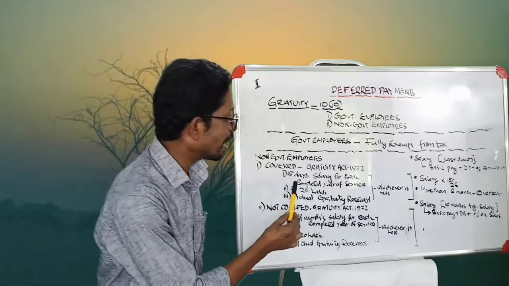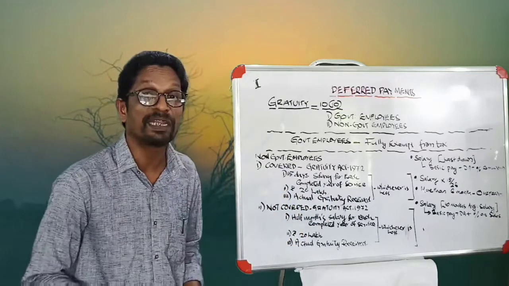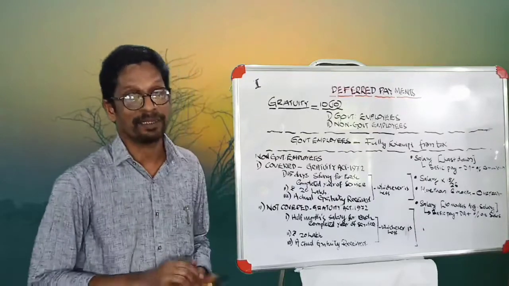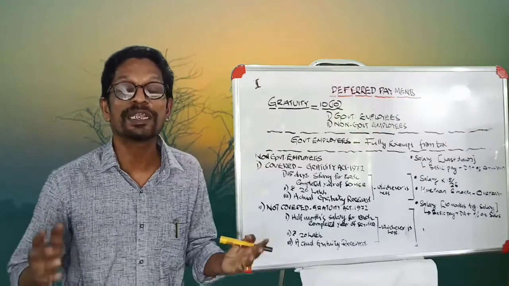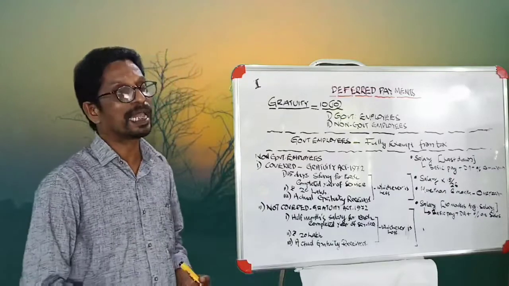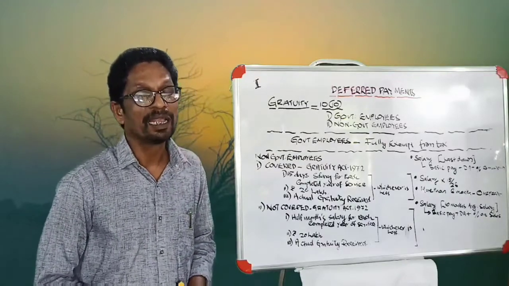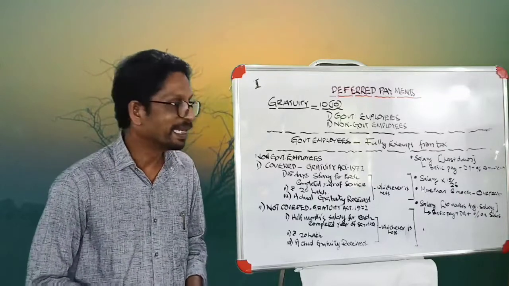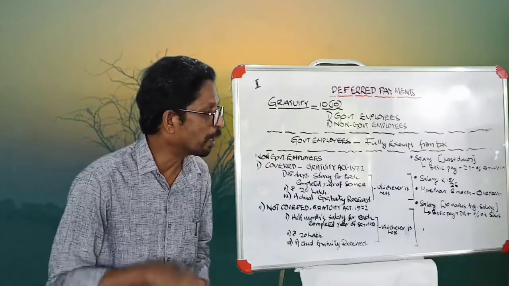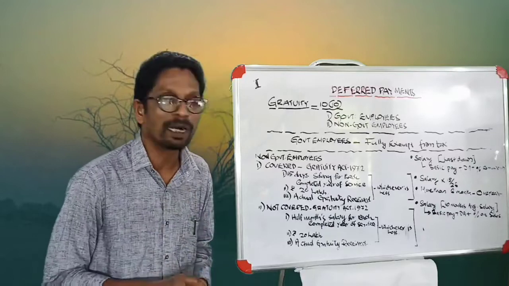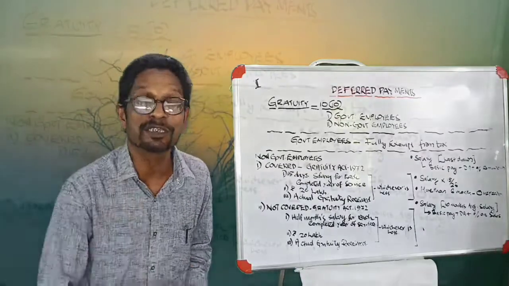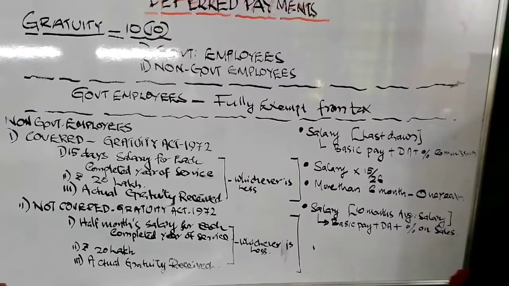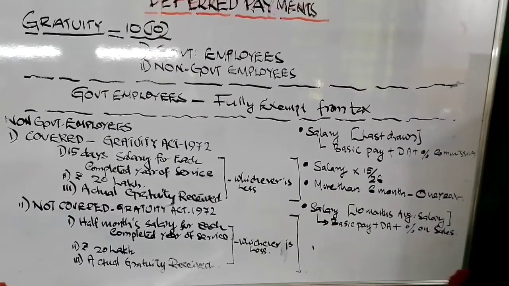Then, regarding these terms, here we said 15 days salary. How can we find the figure of 15 days salary? For finding 15 days salary, one month consists of only 26 days, as per the conditions of the Income Tax Act, only for this category.